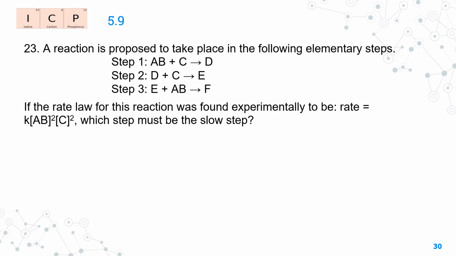So what I did for this one is I just wrote the reaction rate according to each step. So for step 1, rate equals K1, concentration of AB, concentration of C. So this is not slow because it does not match.